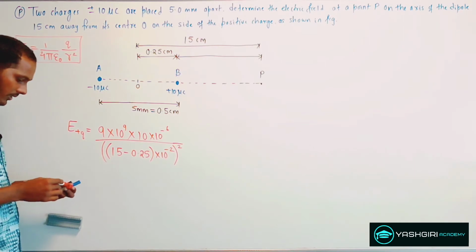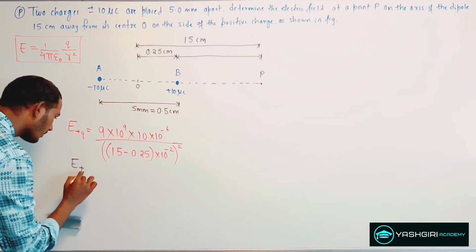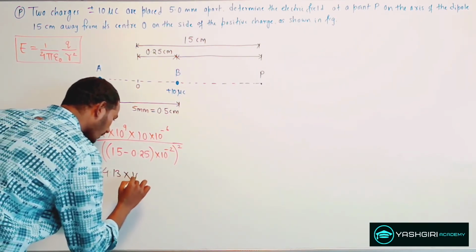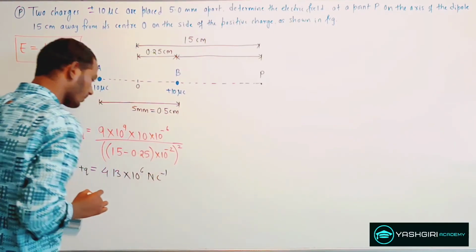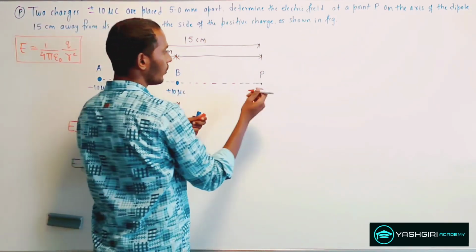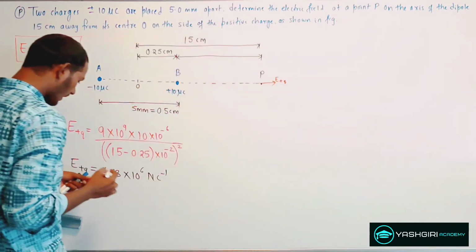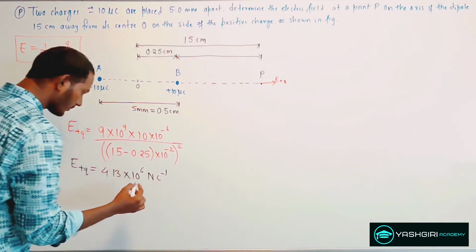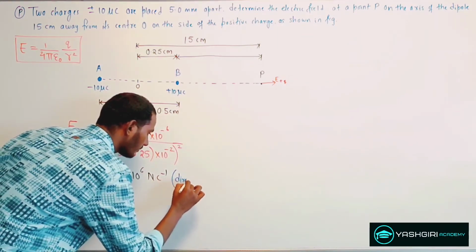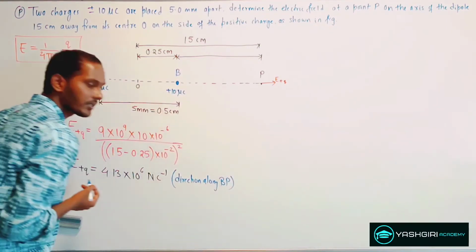And when you solve this, you will get the answer for the positive charge: E due to the positive charge will be equal to 4.13 into 10 to the power 6 Newton Coulomb inverse. And the direction of the electric field due to this positive charge will be along BP. So that's the direction due to the positive charge.